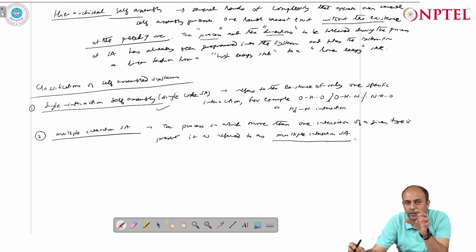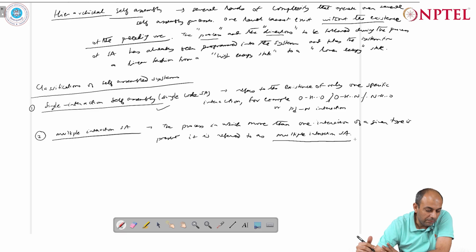So, a given type of interaction is there, say palladium nitrogen or OHO, and the number of such interactions that are present is more than one, and that is why it is called multiple interaction self-assembly. So, a given type of interaction, but the number of such interactions are many, are multiple, and therefore it is called multiple interaction self-assembly.